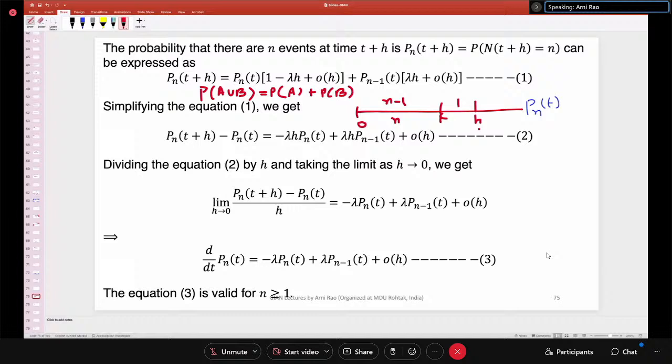Think of a match. In the beginning there are 0 sixers.